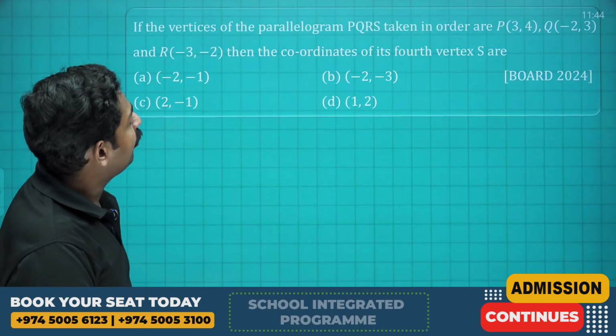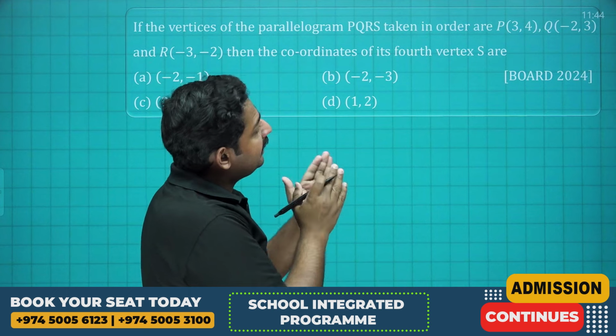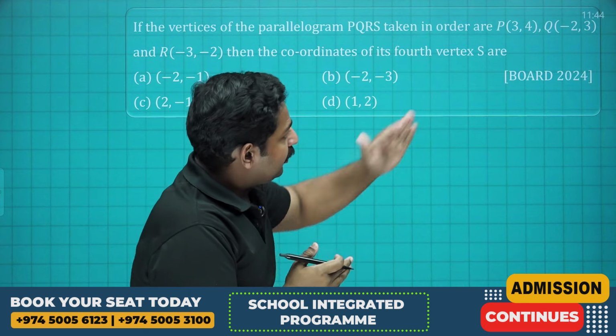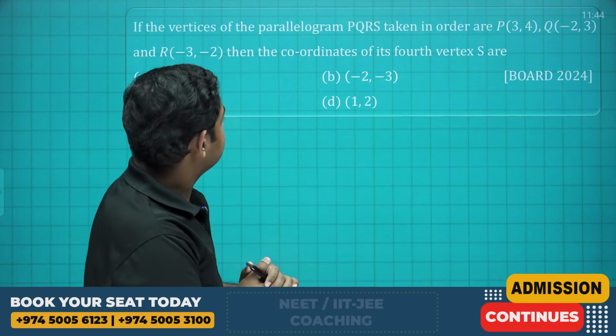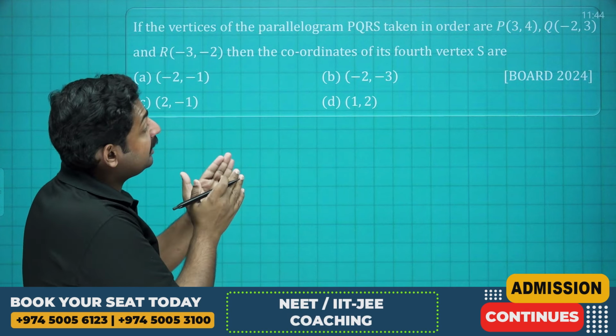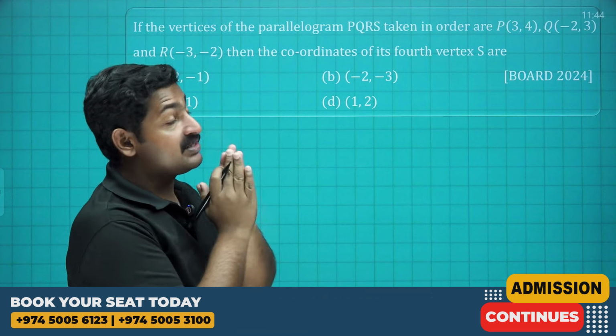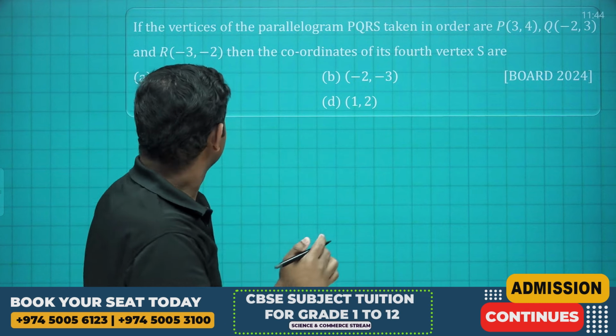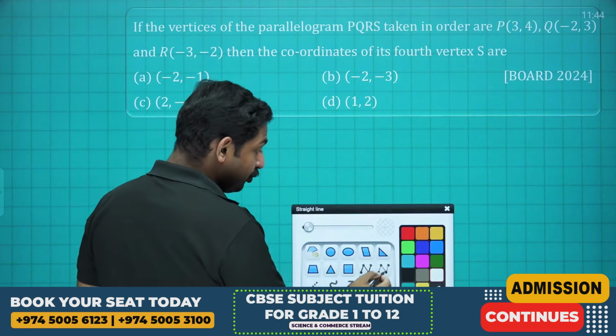The vertices of a parallelogram PQRS taken in order are P(3, 4), Q(minus 2, 3) and R(minus 3, minus 2). Then the coordinate of its fourth vertex S, that we need to find out. Okay, so it's a parallelogram, so we can draw a rough figure.